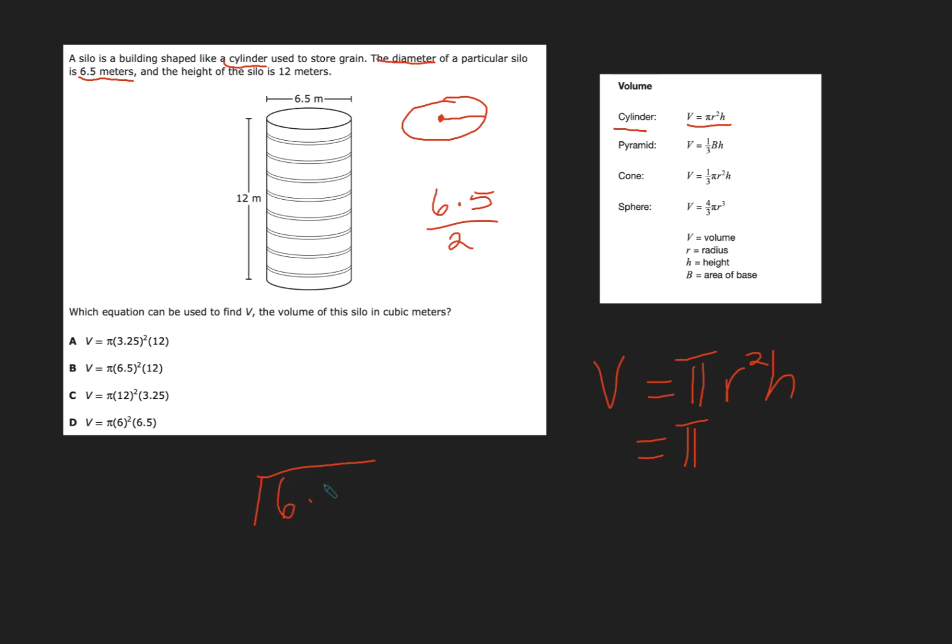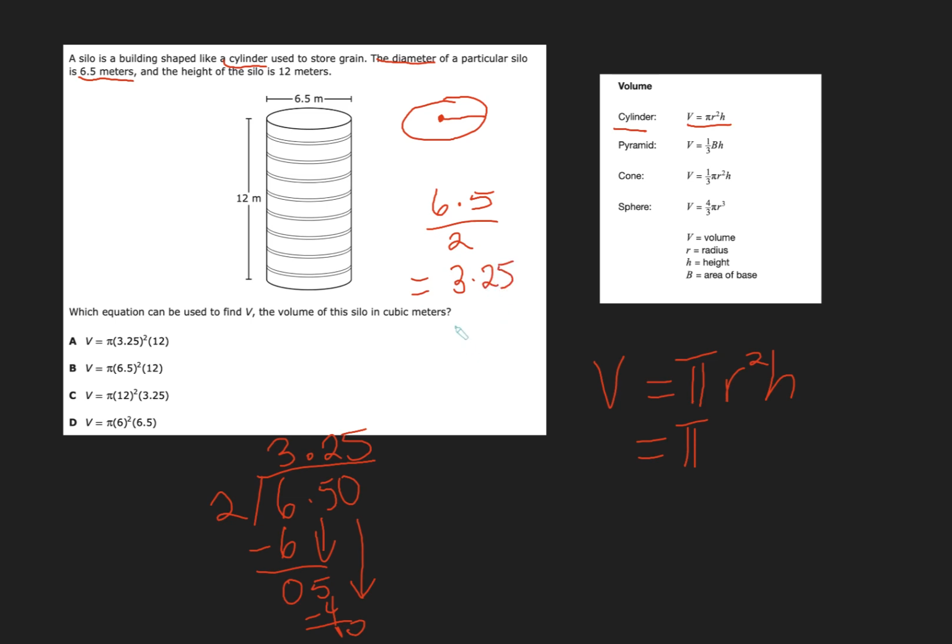So if you take 6.5 and divide it by 2, 2 goes into 6 3 times. 2 times 3 is 6. When you subtract, you get 0. Bring down the 5. 2 goes into 5 2 times. 2 times 2 is 4. Subtract, you get 1. We'll have to add a 0, bring it down, and 2 goes into 10 5 times. 6.5 divided by 2 is 3.25.